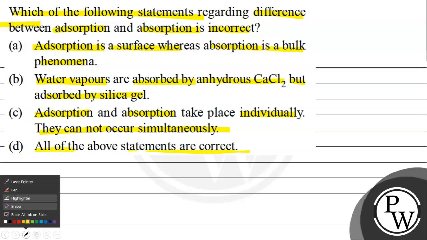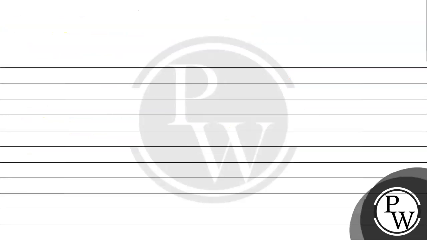Now let us see the key concept of the question and try to understand deeply what adsorption is and what absorption is. Key concept. Let us talk about adsorption first, then we will talk about absorption.